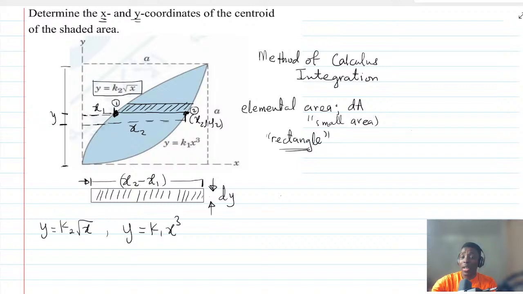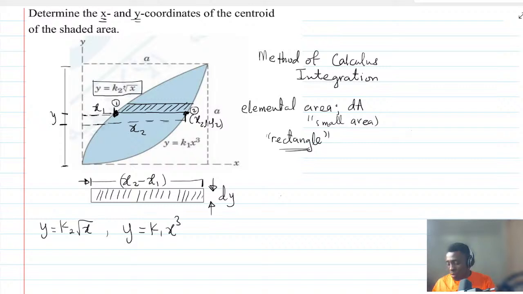Sorry, I can call that height. The whole of this height is y, and then I have taken a small portion along the y, and that is more or less like the thickness of the elemental area. So that is what we are calling dy.